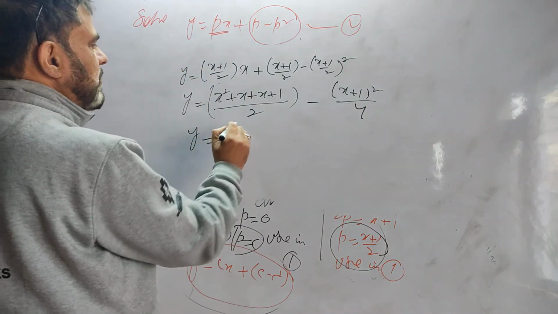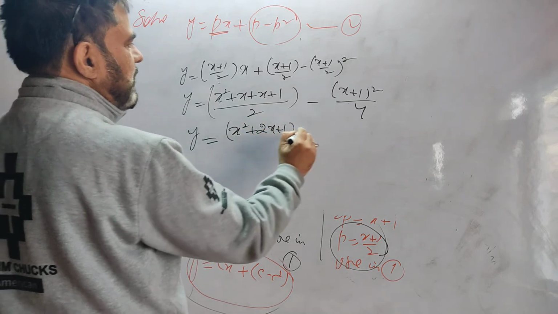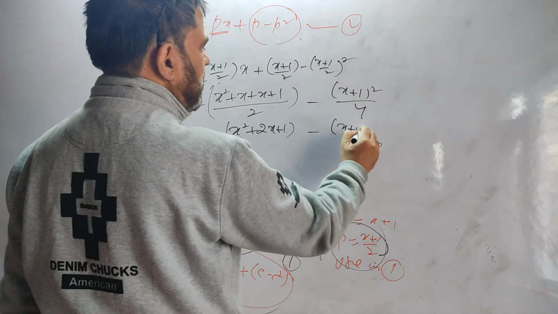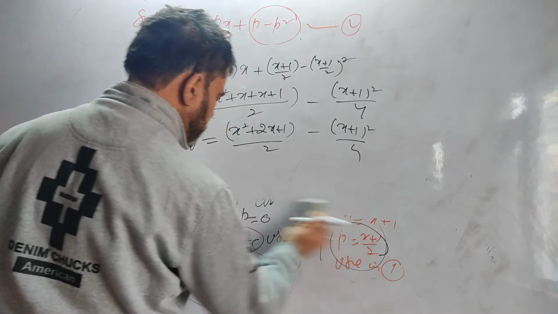This gives y is equal to x square plus 2x plus 1 minus x plus 1 square by 2, divided by 4.